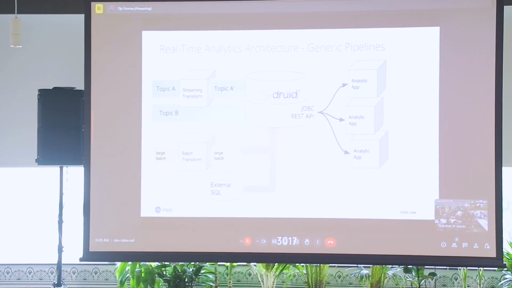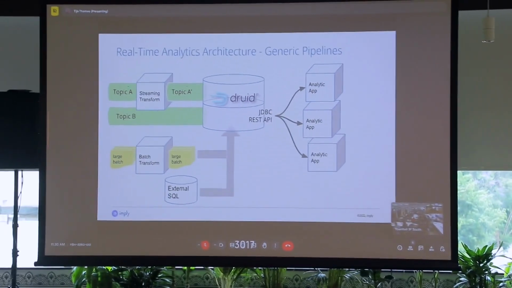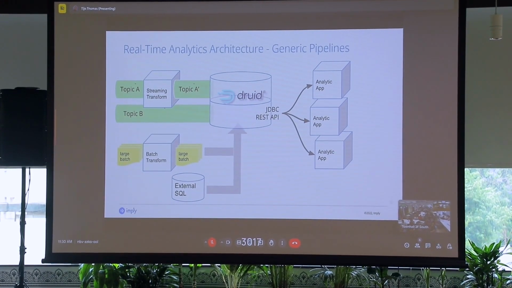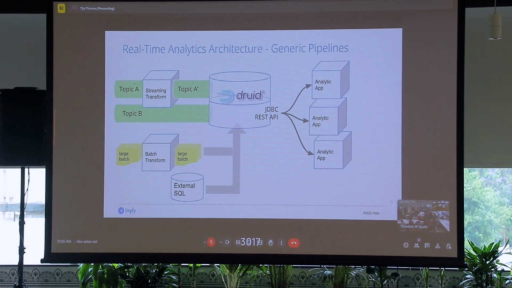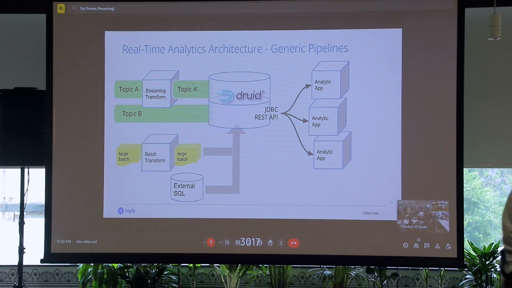Let's say you have a topic A, the data is coming into topic A, and you do some sort of transformation and push that into a topic A dash. There is another topic where you don't need to do any transformation, it's just coming in. In that case, Druid can directly take the data, and you can use any of the REST API or JDBC connection, fire in SQL, and get it from Druid.